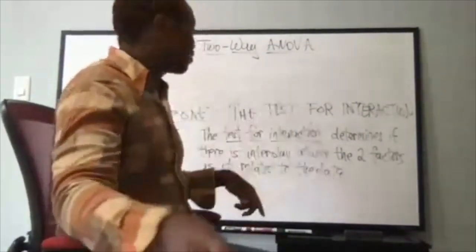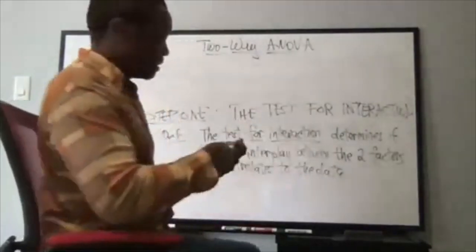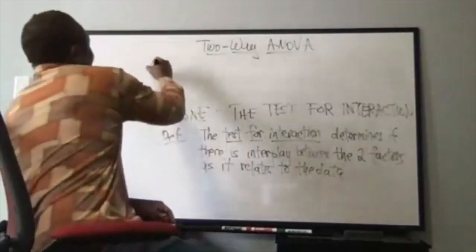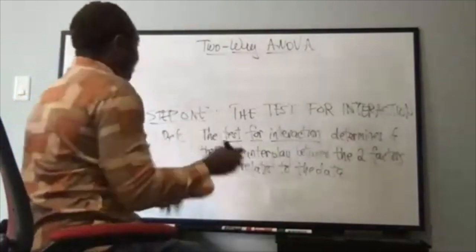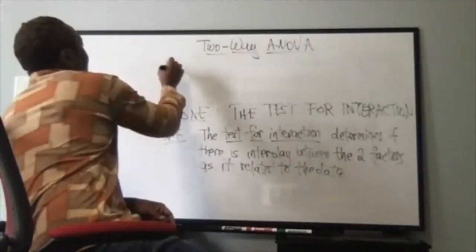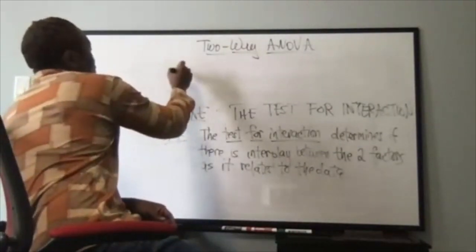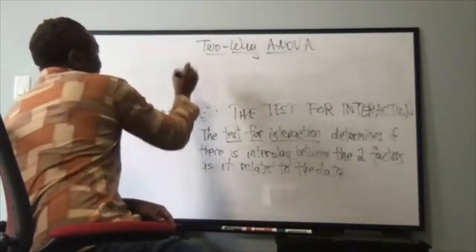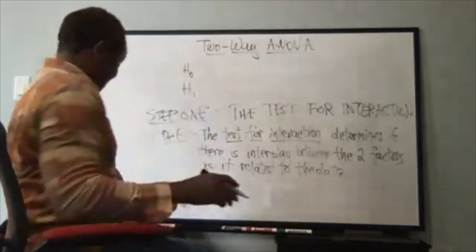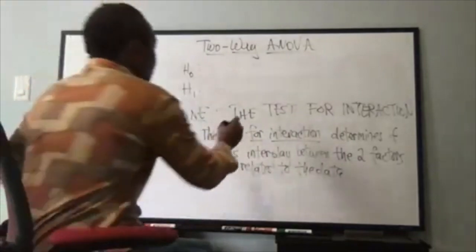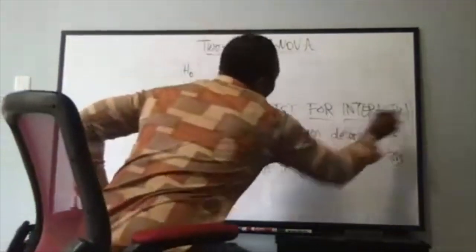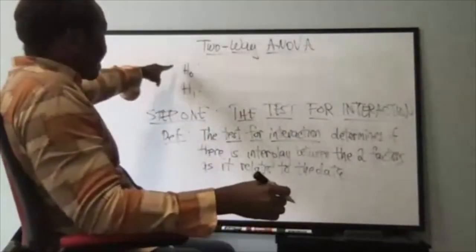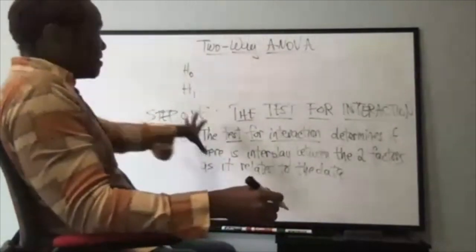Now, when we say test for interaction, all that simply means is on the Excel, so when we actually do this, here is what your H sub 0 is going to look like. Step one, when you solve the problem, you always need to show me what H sub 0 looks like and H sub 1 looks like in step one.